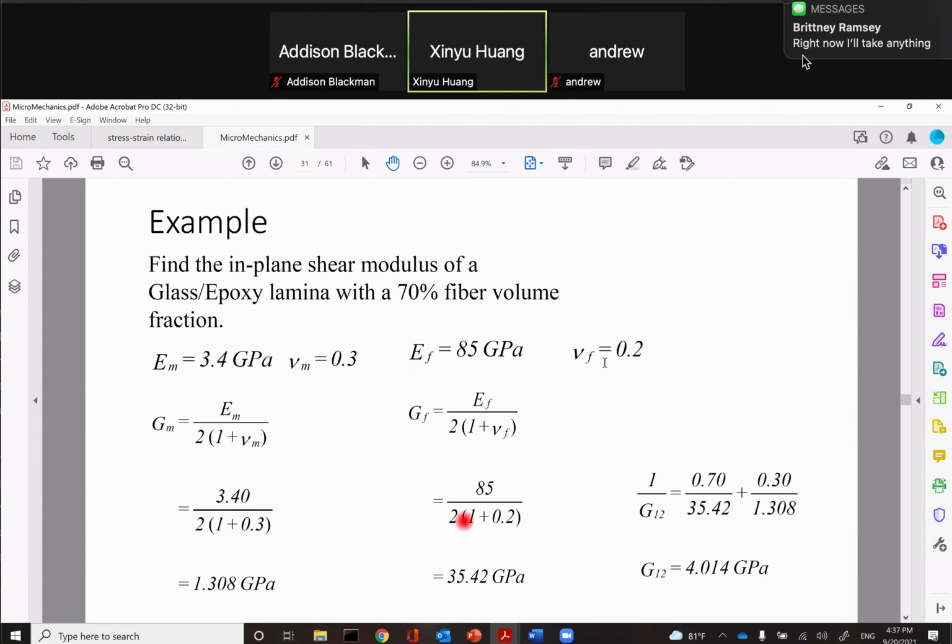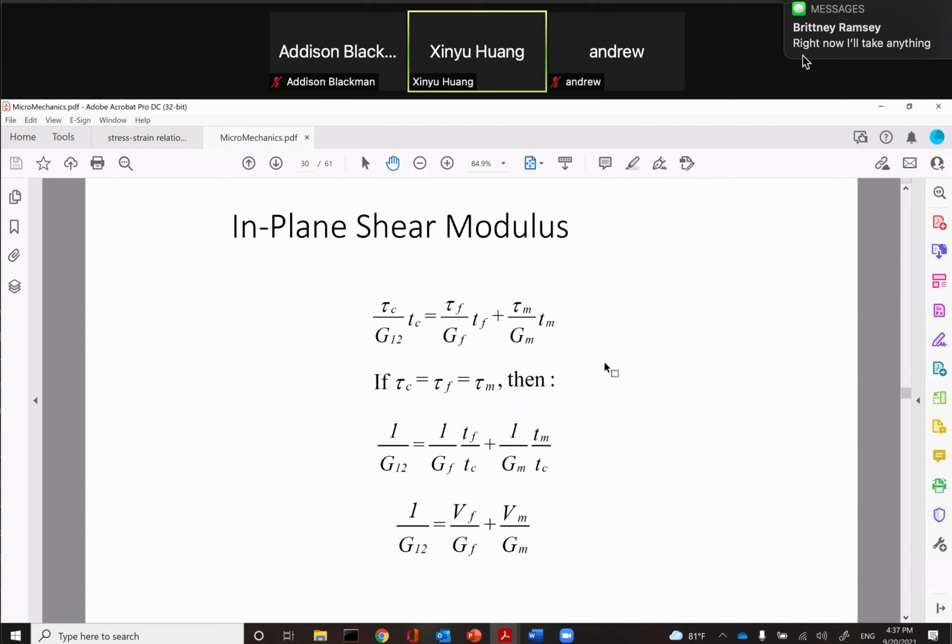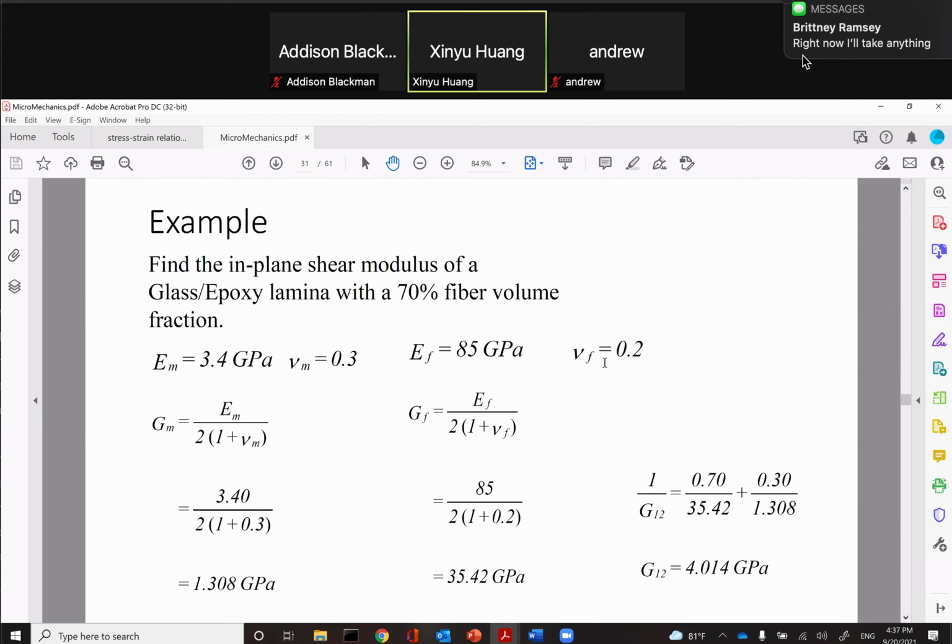Anyway, so you get these, and then you plug these GM, GF into this equation, which is a rule of mixtures equation. This equation right here, this one. And you get an in-plane shear modulus of this lamina with 70% fiber volume fraction.